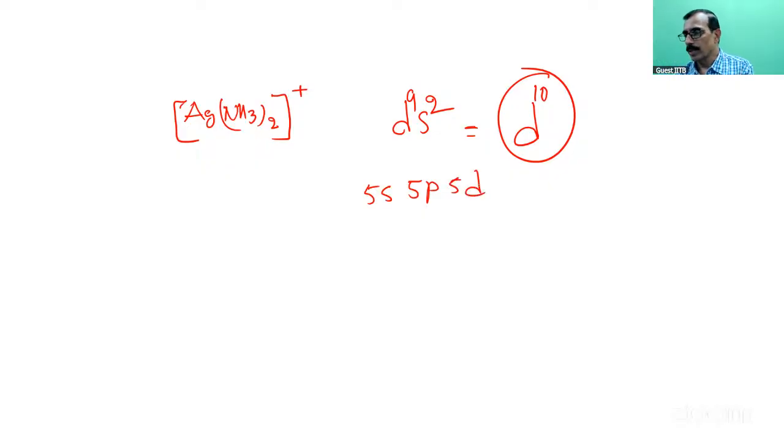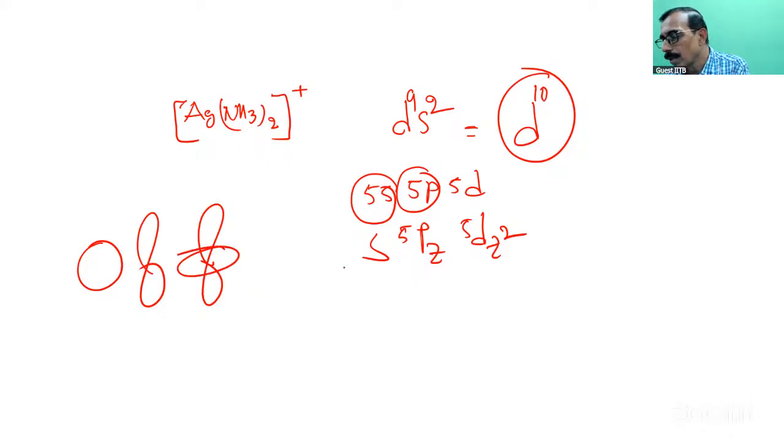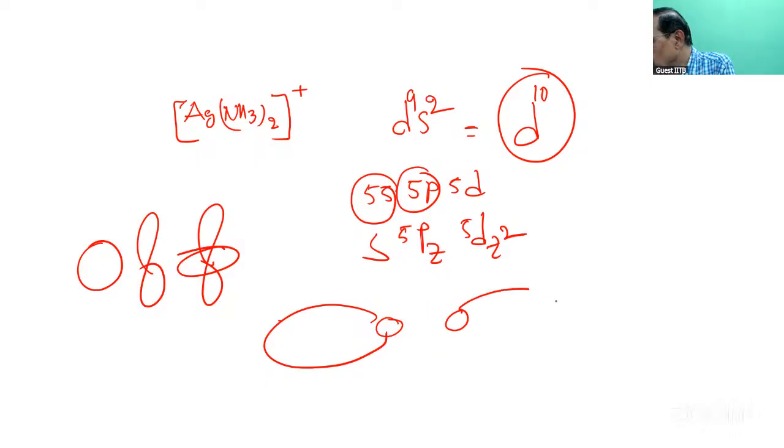Now when two ammonia are approaching the silver ion, it combines 5s and 5p, preferably taking 5pz. And when you are considering 5pz, there is not much energy difference between 5pz and 5dz square. So s is there, or empty. All these orbitals, s, pz, and dz square, combine together to form two orbitals, something like this.